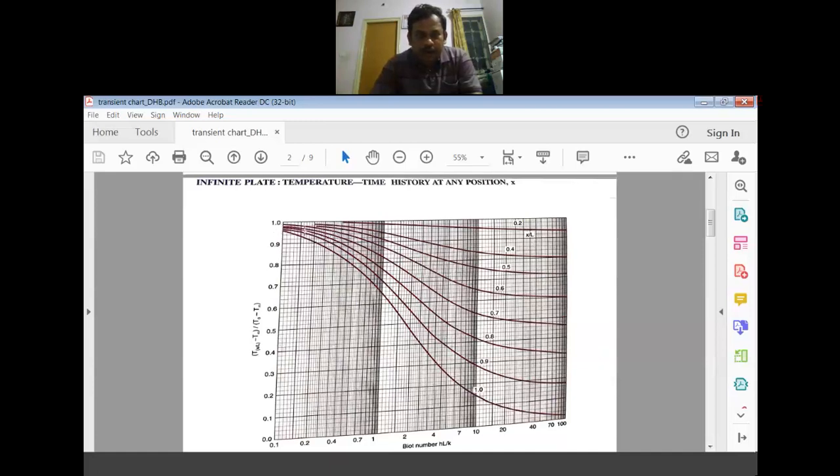Move upwards vertically from 0.2, and the 0.6 curve is this. Where these two meet, draw a horizontal line to the left hand side y-axis. You are going to get 0.98.